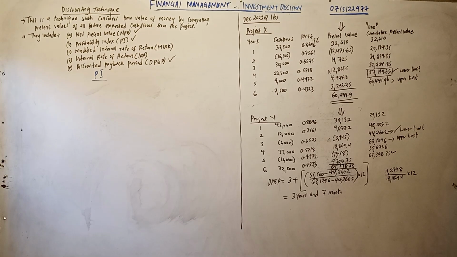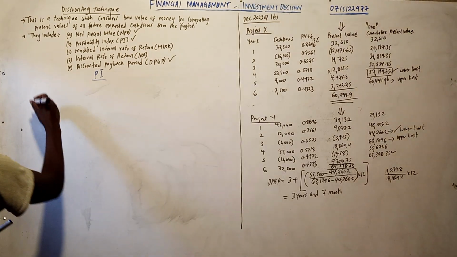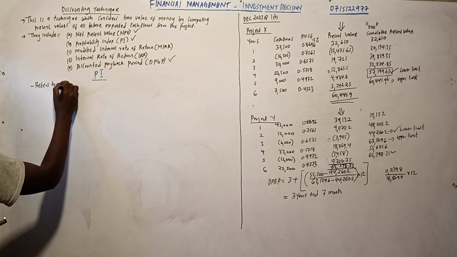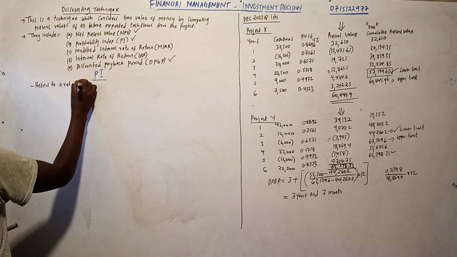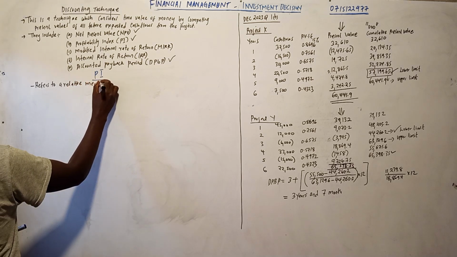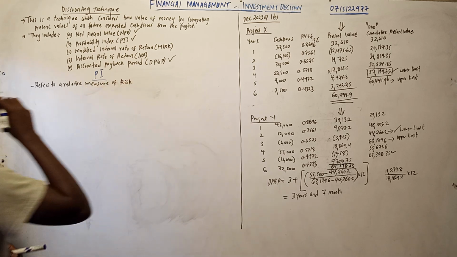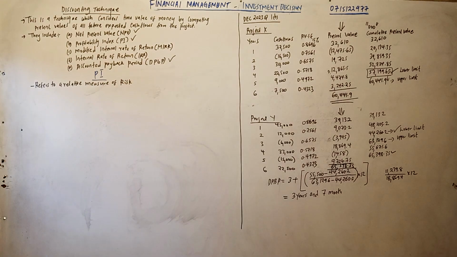Now, let us write something on PI. This is a relative measure of risk.